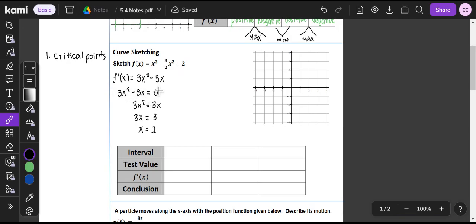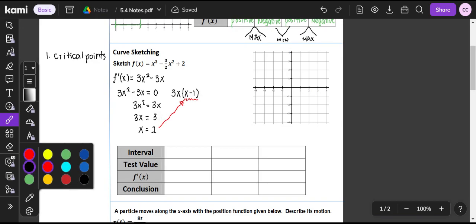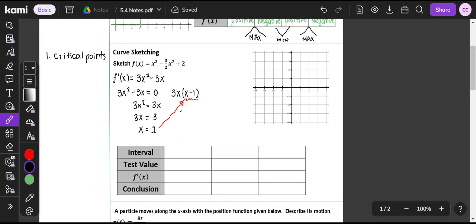Another way I could solve this quadratic is by factoring this. All right. So if I factor this, I get 3x times x minus 1. And that right there is where that 1 came from. But I can also set this other factor equal to 0, and I could get x equals 0. So I have 2 critical points, one at 1 and one at 0.